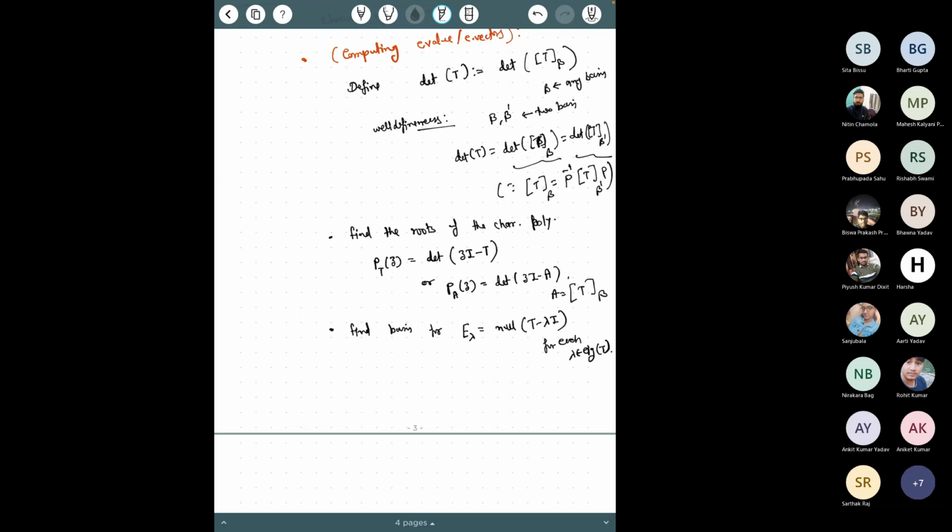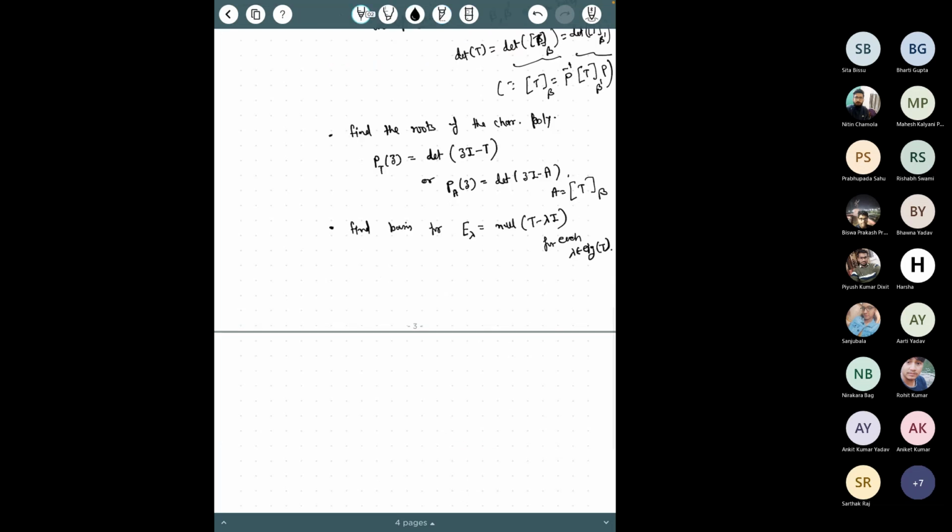But we have not discussed yet whether an eigenvalue exists, whether a matrix or a linear operator always has an eigenvalue. We have discussed something from the definition, but not whether a matrix or an operator always has an eigenvalue. So let us put up this question first.